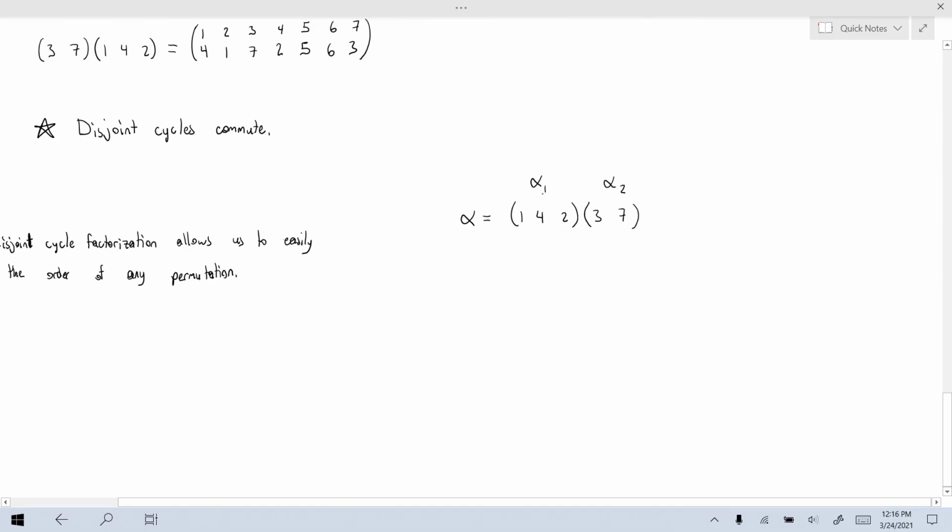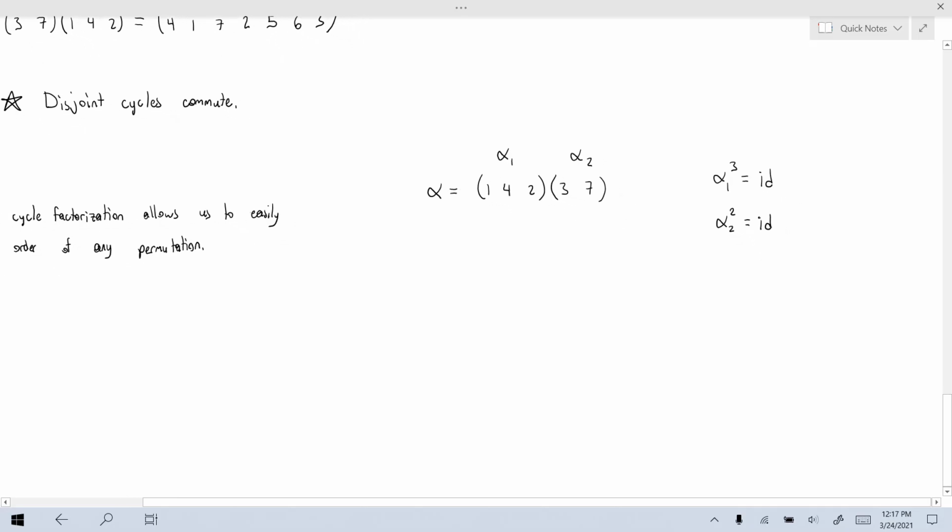Since alpha 1 is a cycle of length 3, I know that alpha 1 cubed is the identity. Likewise, since alpha 2 is a cycle of length 2, alpha 2 squared gives me the identity permutation.